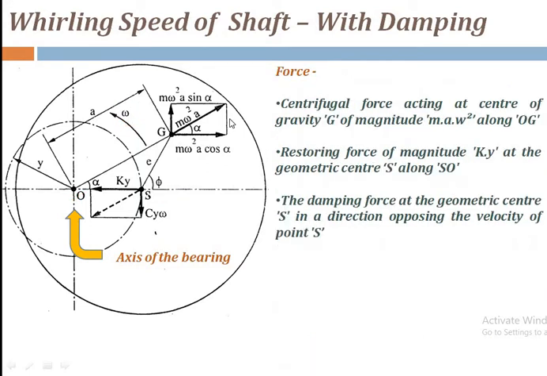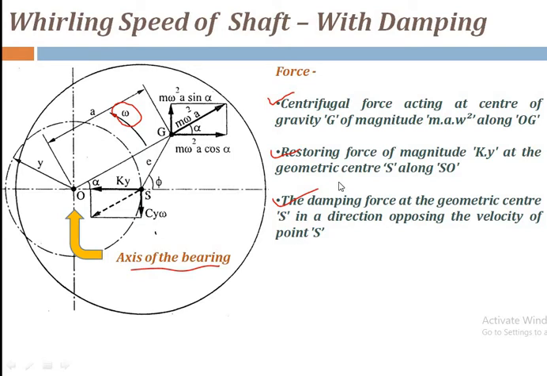When shaft rotates with angular velocity omega about the axis of the bearing O, then some forces are acting. The forces are first, centrifugal force acting at center of gravity G of magnitude m a omega square along OG.